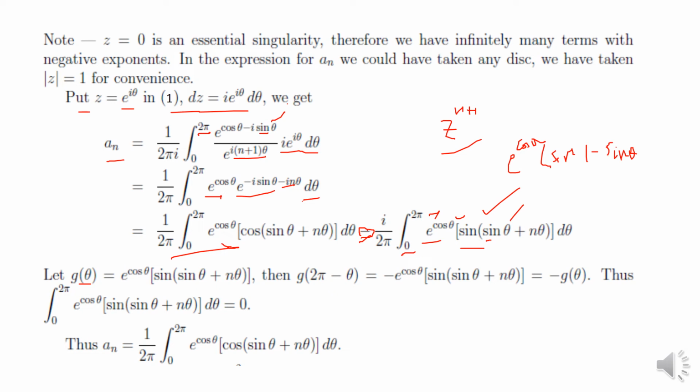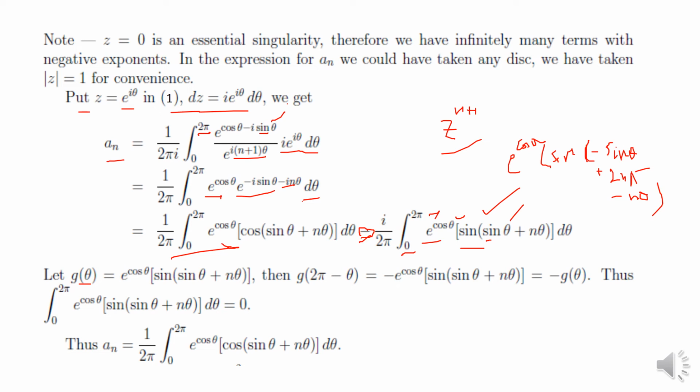bracket sine minus sine theta, minus sine theta, then plus n, 2 pi minus theta.